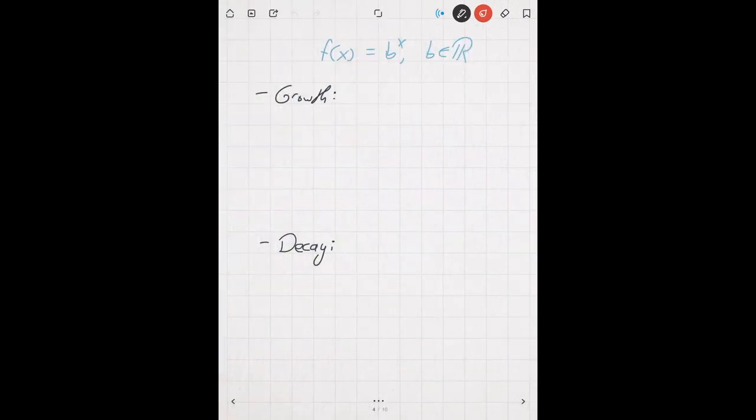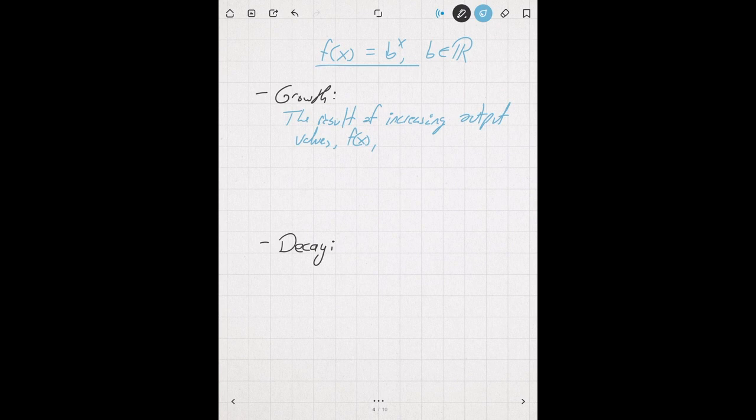So let's take a look at our graph here of our parent function, and let's define a couple key terms. When talking about exponential functions, we can talk about what's called exponential growth and exponential decay. Exponential growth is the result of increasing output values f of x.